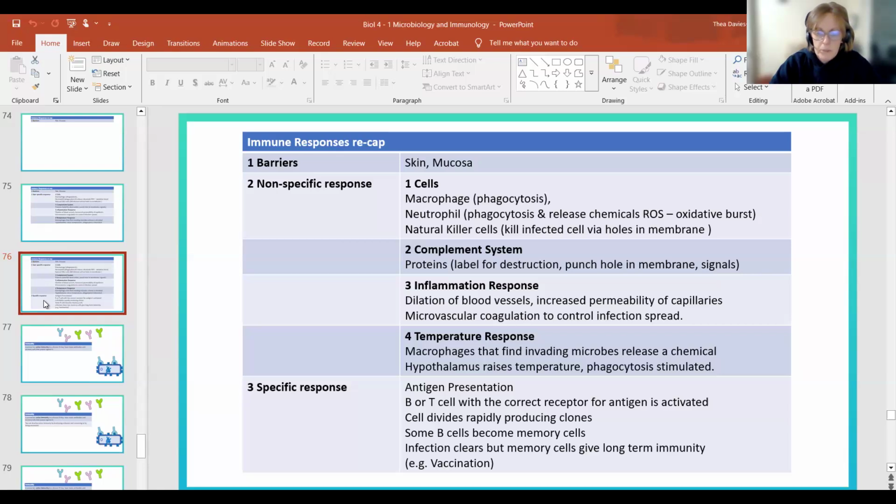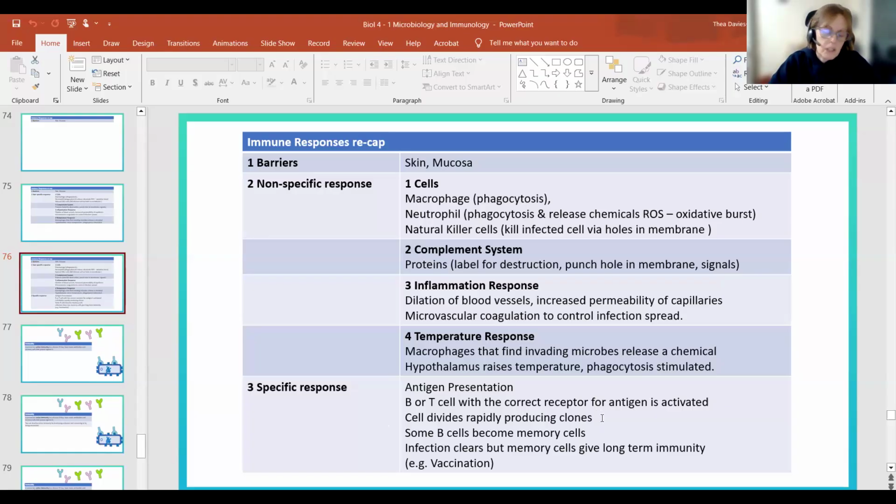And what happens then, there's 2 types of white blood cells that kick in, B or T cells. And if they've got the right receptor for the antigen, for the bit of the bacteria or virus that's been presented, it will rapidly divide and produce a load of clones. And then this will help it with the response.